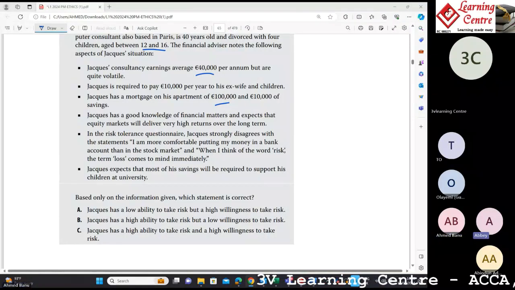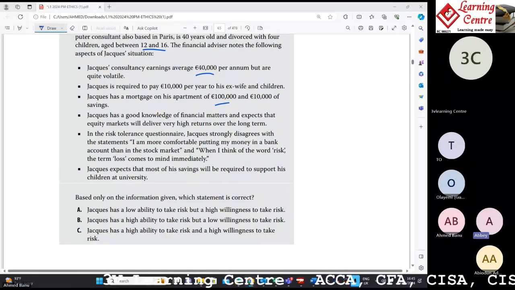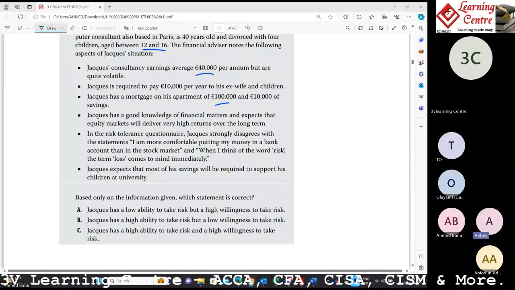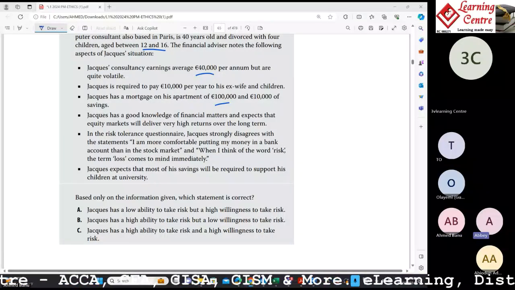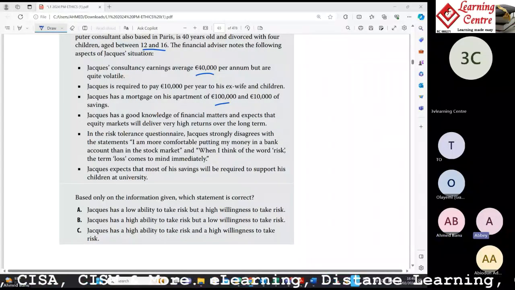I think it's A. Okay, why do you think it's A? Financially, I think he's not in a good position, given what he has to pay from his meagre earnings of 40,000. He still has a mortgage on his apartment that he's also paying. He also has very low savings of 10,000 euros as of today.